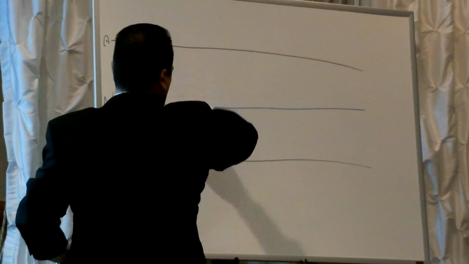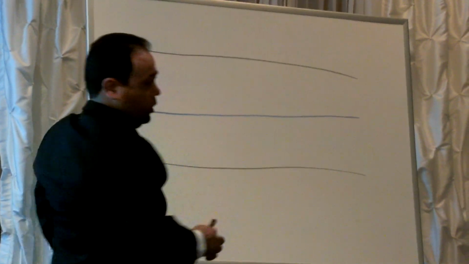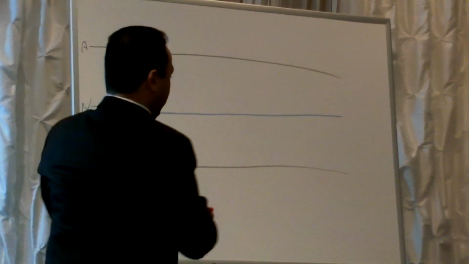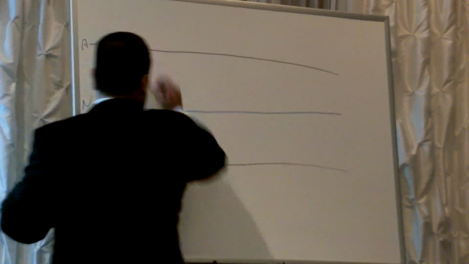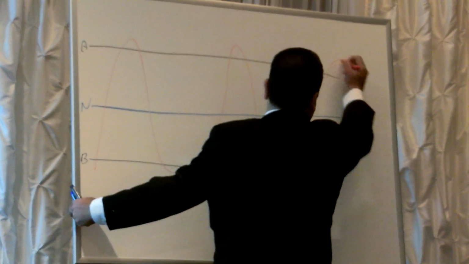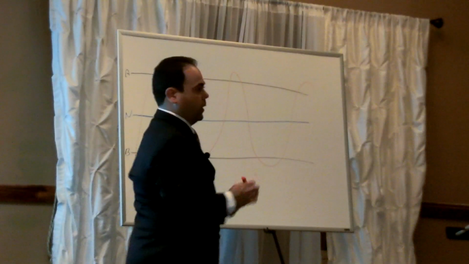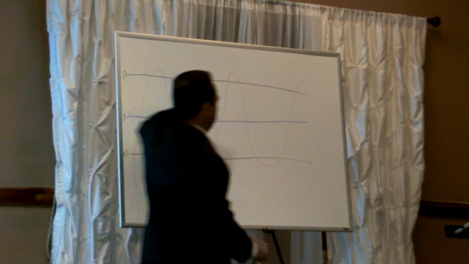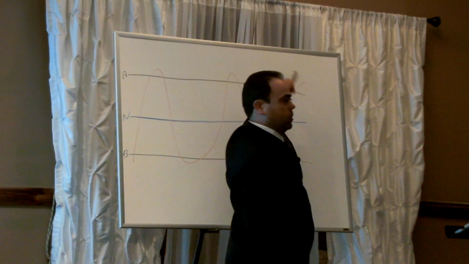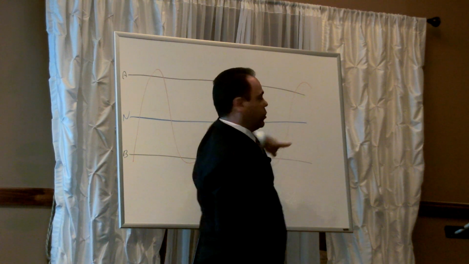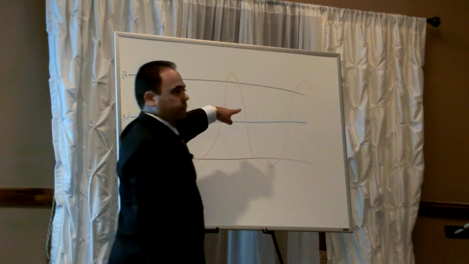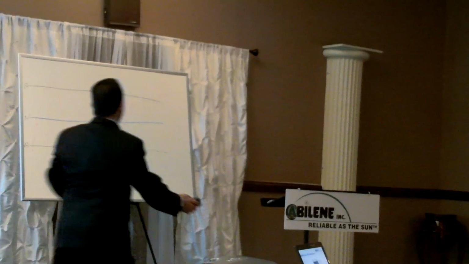From either leg to neutral, I get 110 volts. It's the same sine wave, 60 cycles per second, okay? The neutral carries the imbalance or balances out the phase legs because it's part of that circuit, all right? That's alternating current.